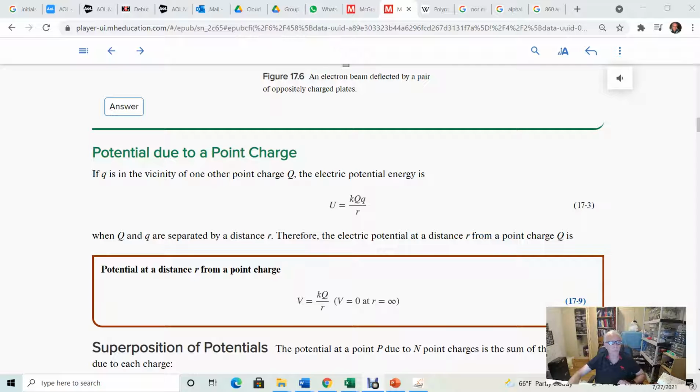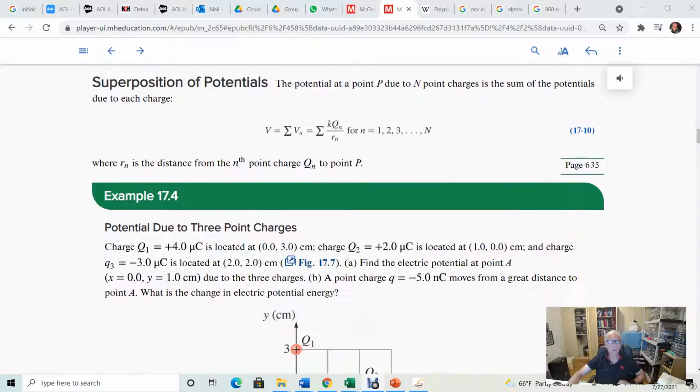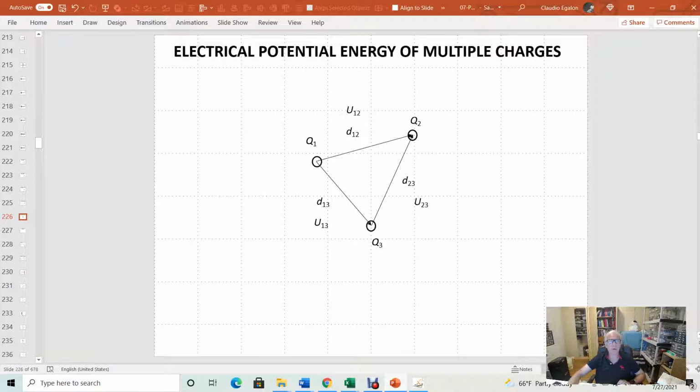I already told you what the potential due to a point charge is. And just like the electric field and the electric force, we also have superposition of potentials. So let's go to our example that you saw. Multiple charges that are interacting with one another.